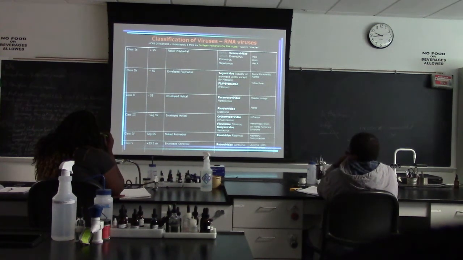Influenza, Ebola, southwestern pulmonary syndrome, class 3. Class 4 are these rotaviruses and reoviruses. Those are those diarrhea syndromes that babies get that spread through and can kill them real quickly. So that's that gastrointestinal virus.